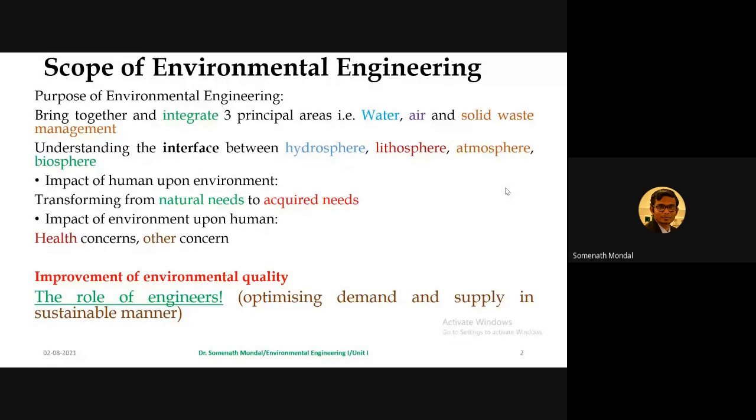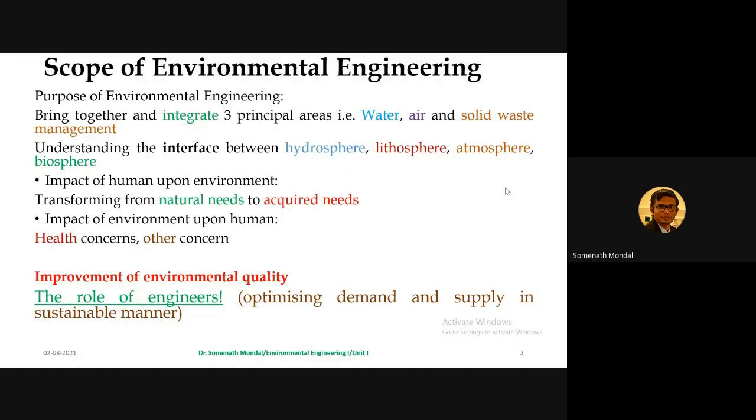Being a civil engineer, now see, this subject is so diverse. If you change your profession, the scope of the subject also gets altered, and we all understand that. If you are a mechanical engineer, the way you see the environmental engineering scope is way different than an electronics engineer, because the activity of a mechanical engineer, the way it influences the health of the environment, is very different from the activity of a civil engineer, which can influence it in a negative way.